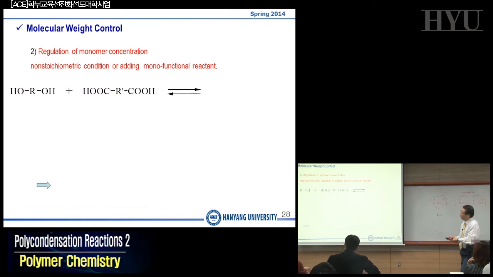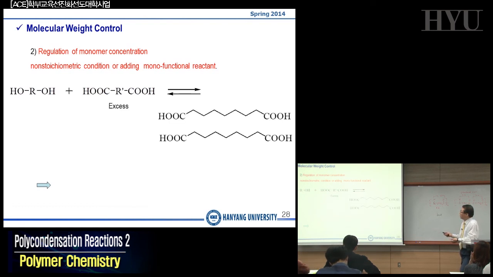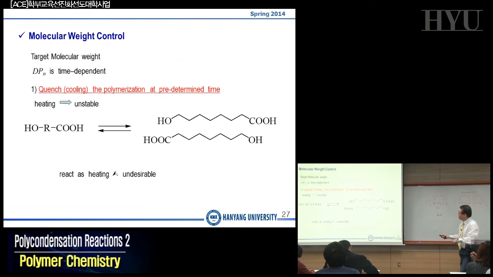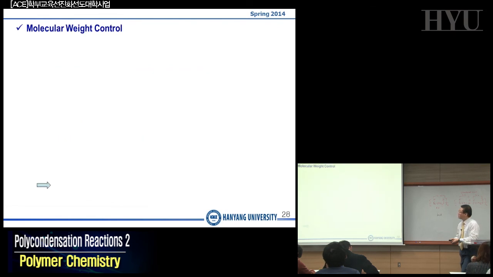Now this monomer will come up with the polycondensation, of course, and if you put the excess amount of the second monomer, you come up with chains rich in the carboxylic acid group at the end of your chain, instead of hydroxyl and carboxylic acid groups, as we knew we had in this case of cooling.